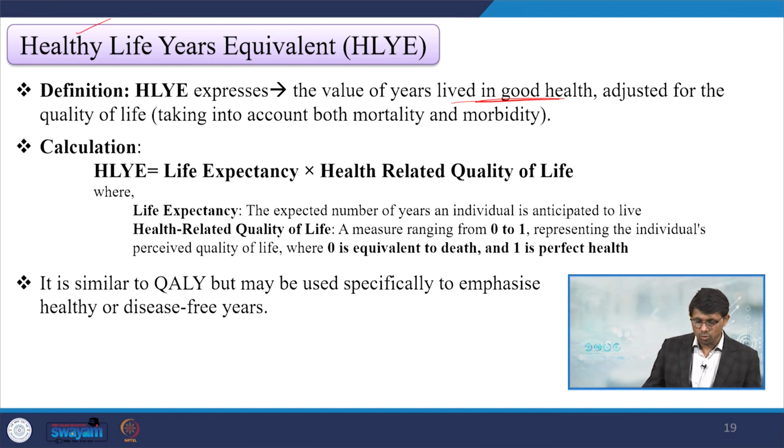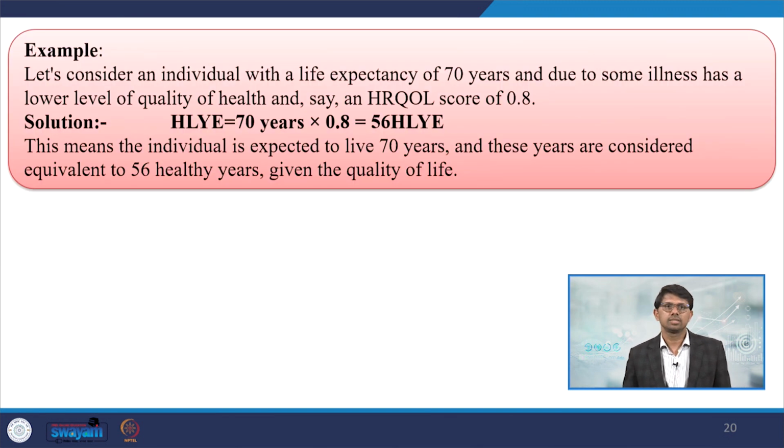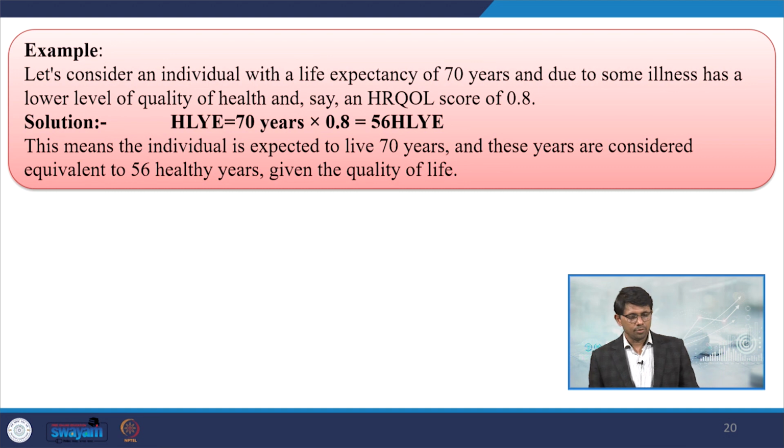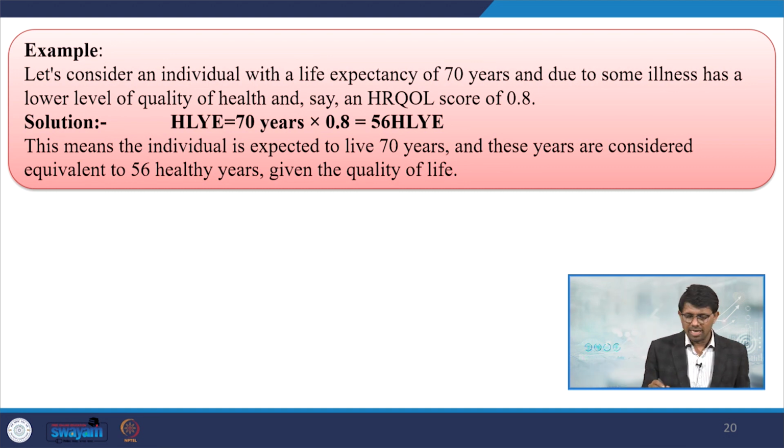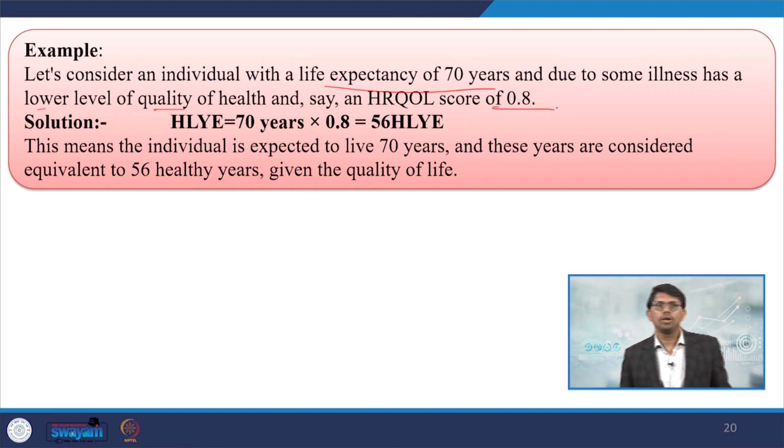HLYE is similar to QALY, but may be used specifically to emphasize healthy or disease free years. In an example you can easily calculate: if the life expectancy is given, then due to some illness the person has a lower quality of life, and hence the HRQL score is 0.8.